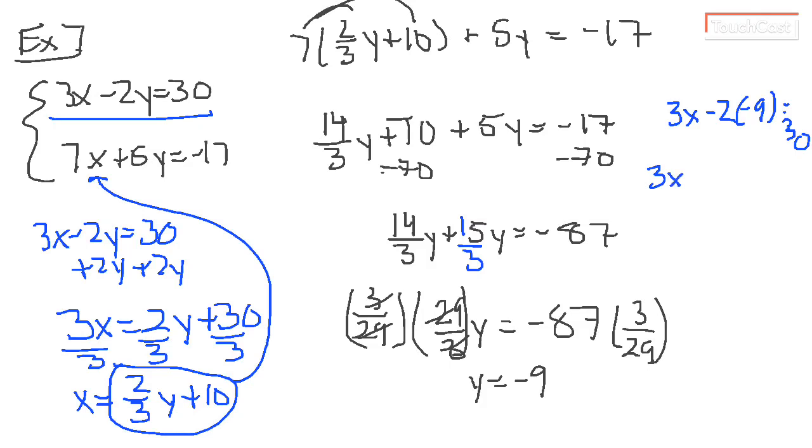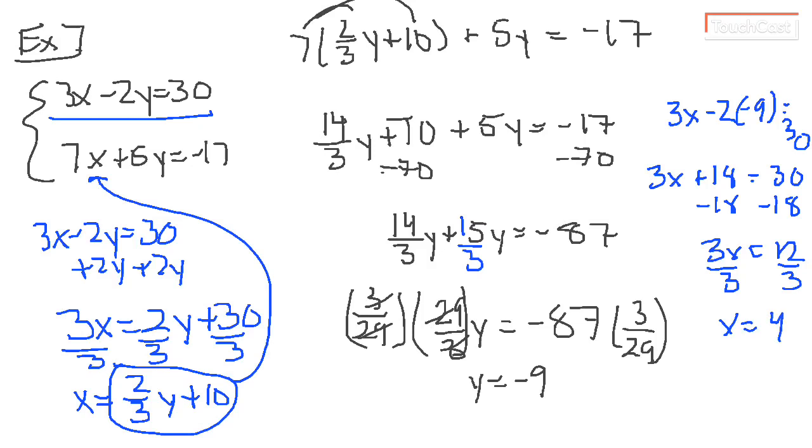Negative 2 times negative 9 is going to give us a plus 18 equals 30. So if we subtract 18, we're going to get 3x equals 12. Then we can divide both sides by 3 and get x equals 4. So we've now got an x and a y part. Our ordered pair is going to be 4, negative 9.